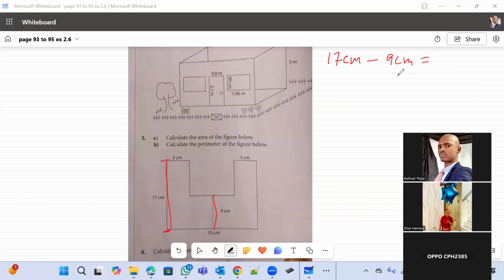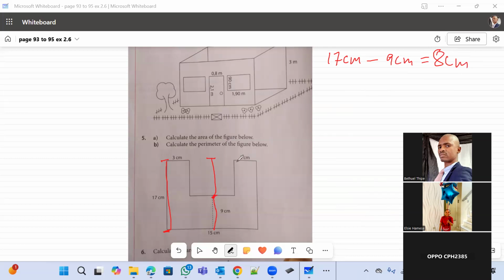Someone subtract for me those numbers. 8 centimeters. This 8 centimeters is which distance on the shape? You must see that it's the distance from here up to here.